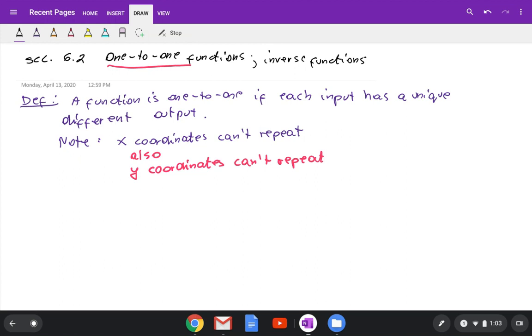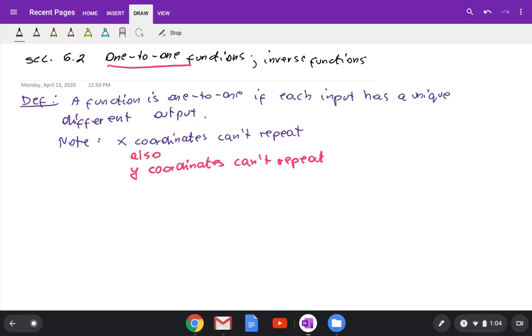However, the function of students and teachers is not one-to-one, because for a function to be one-to-one, this is how it's supposed to work. Each student is supposed to have one unique teacher. So if we have 14 students in a classroom, those 14 students should have 14 different teachers for college algebra. So that's the difference between a regular function and a one-to-one function.